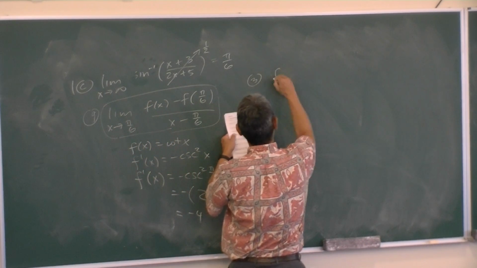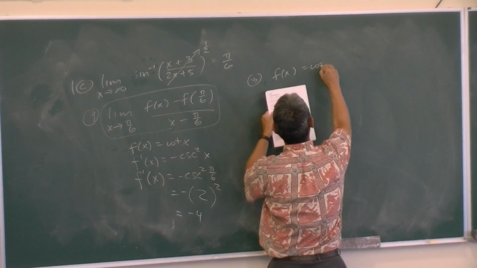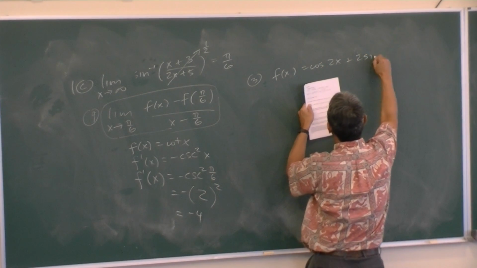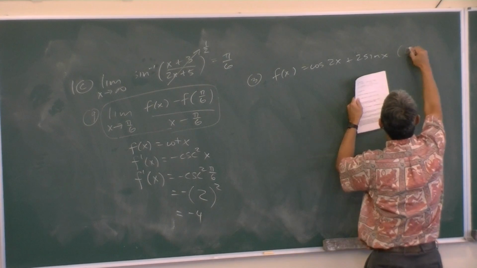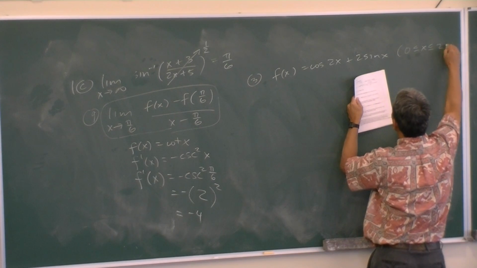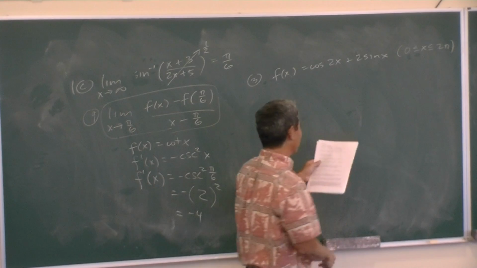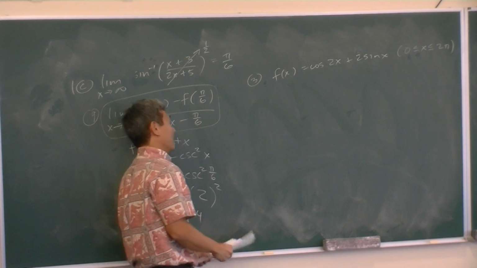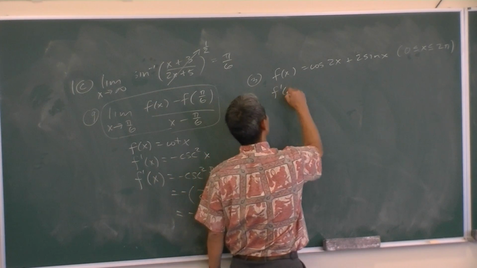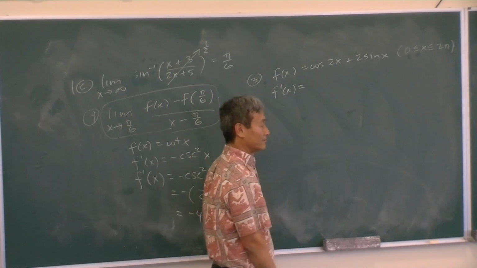Number 3, f of x is equal to cosine 2x plus 2 sine x. For what values of x between 0 and 2 pi is f prime of x equal to 0? Okay, so first step, we need to compute the derivative.